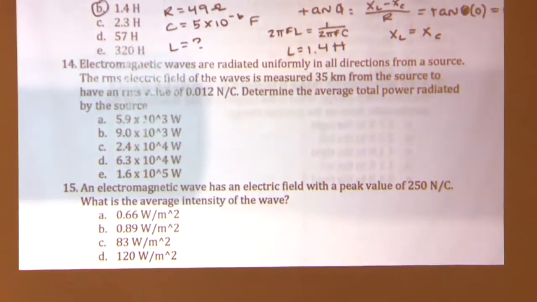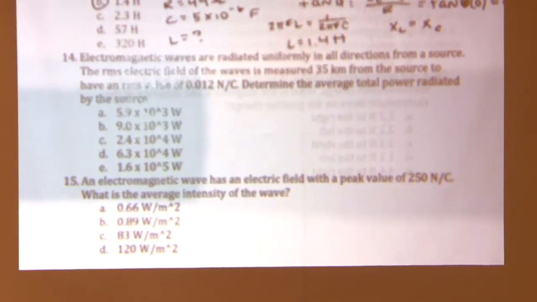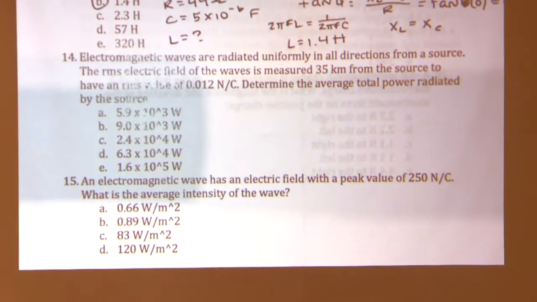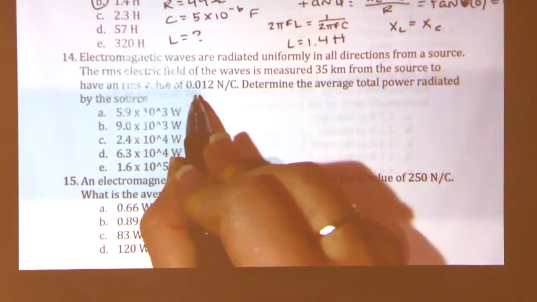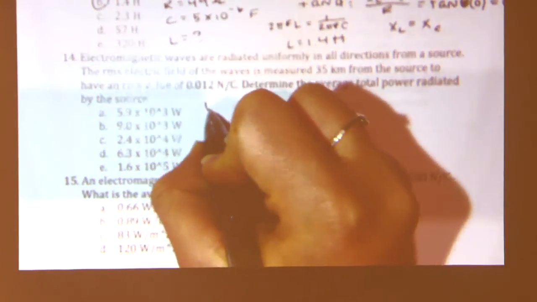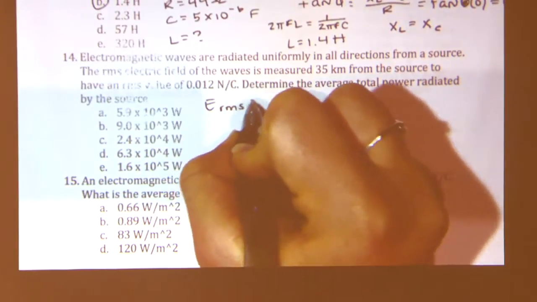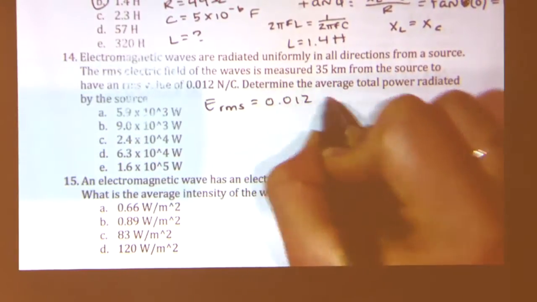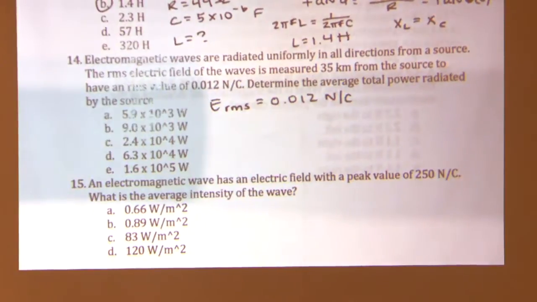So if we move on to 14, okay, EM waves are radiated uniformly in all directions from a source. The RMS electric field of the waves is measured 35 kilometers from the source to have an RMS value of 0.012 newtons per coulomb.